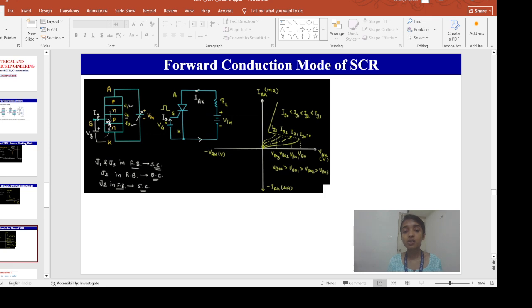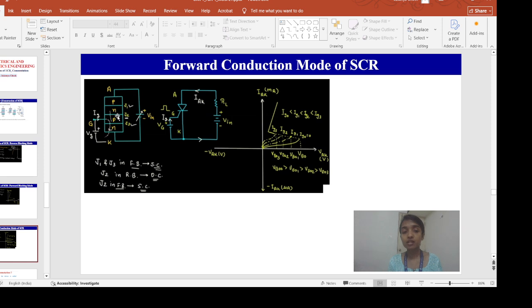Now once you start applying the gate pulse, what happens? We don't even need to cause a forced breakdown as we were causing in the earlier case, because these electrons will travel and attack this depletion region, right?